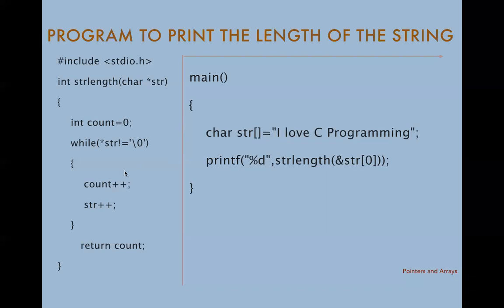So increment count. Count becomes 2. Again str plus plus. Check whether it is null. Otherwise increment count and so on. So when you come here, it becomes null. So you come out of the loop, you return the count value, and you print the count value.